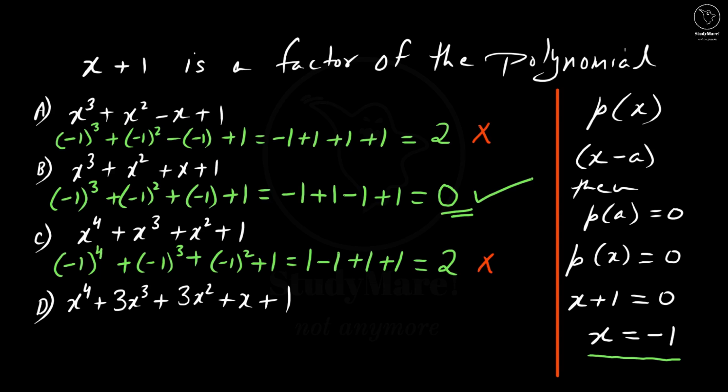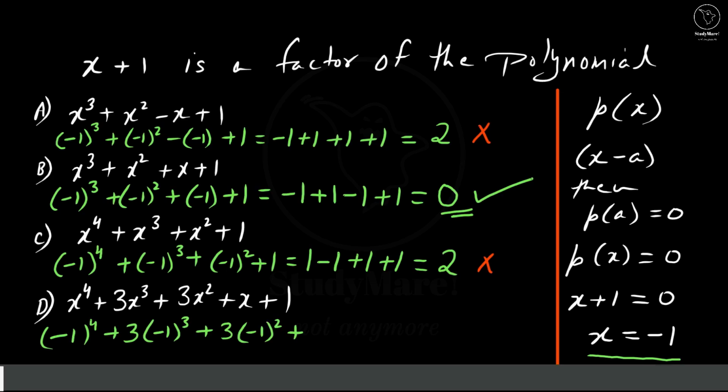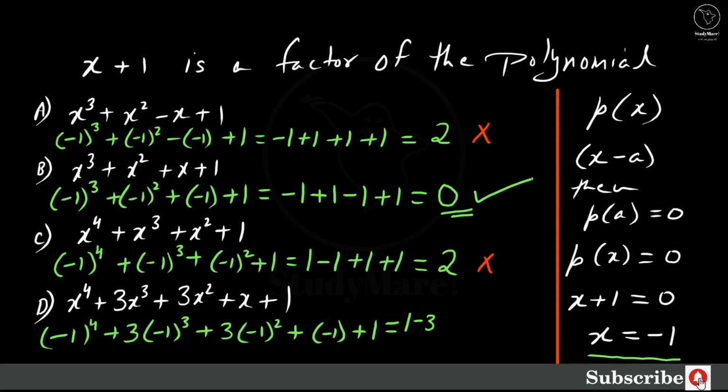Now let's pick up option number D. x to the power 4 becomes (minus 1) to the power 4 plus 3 into (minus 1) cube plus 3 into (minus 1) square plus (minus 1) plus 1, which is equal to (minus 1) to the power 4 is 1, (minus 1) cube is minus 1 into plus 3, we have minus 3.